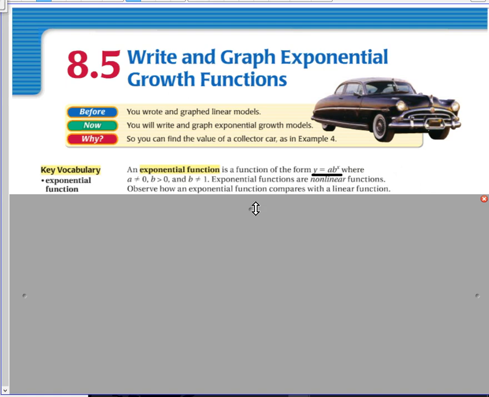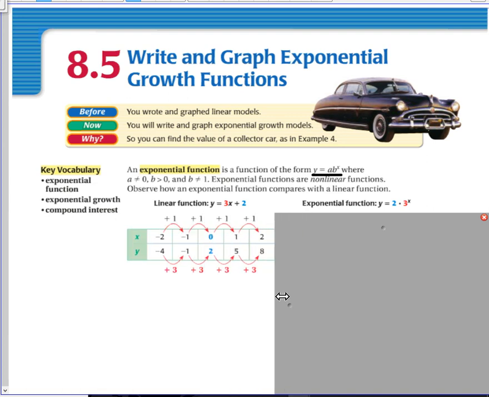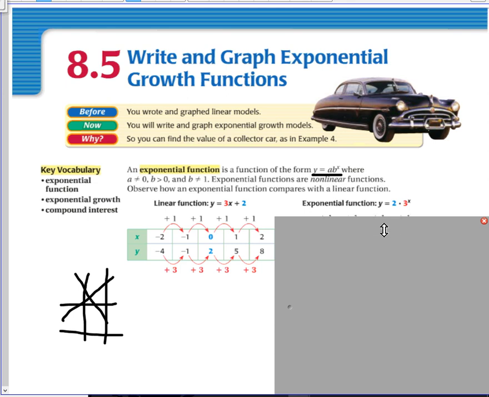So, for example, we have been working a lot with linear functions, which often look like a straight line up or a straight line down, where everything is in a linear form, okay? In this particular section, we are going to be talking about exponential functions.